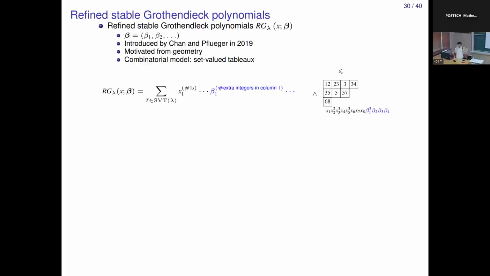If there is more than one, then that counts as an extra element. So in this example, in the first column, there are 1, 2, 3 extra elements, so it's x1 to the third. In the second column, there's only one extra element, so x2 and beta 2, and one extra element beta 3, and one extra element beta 4, like this.